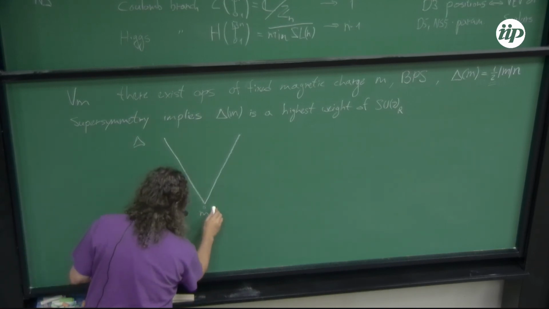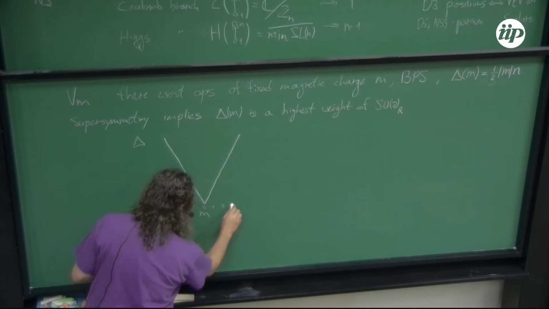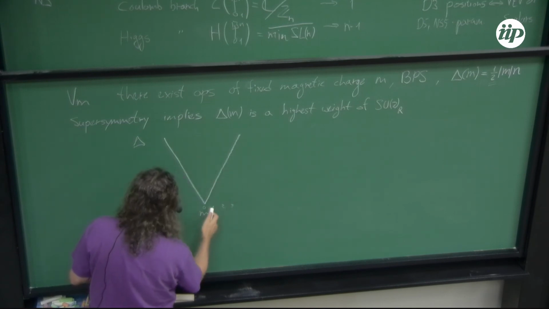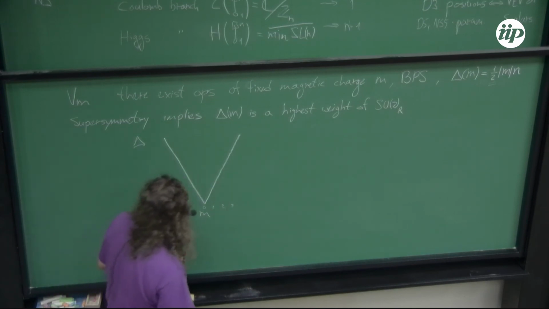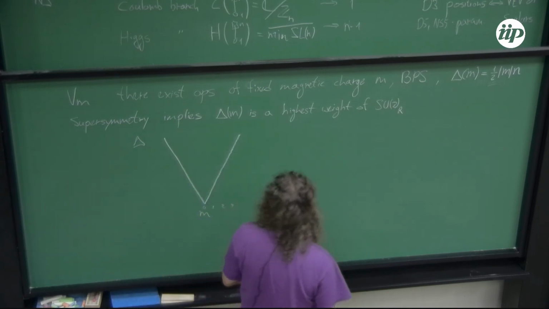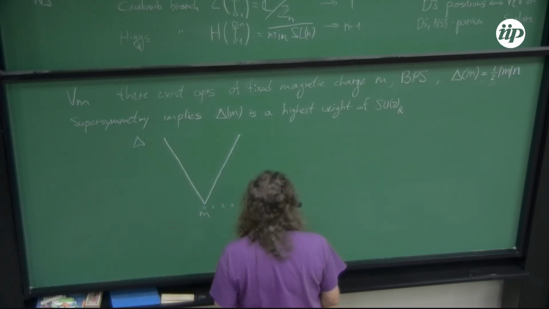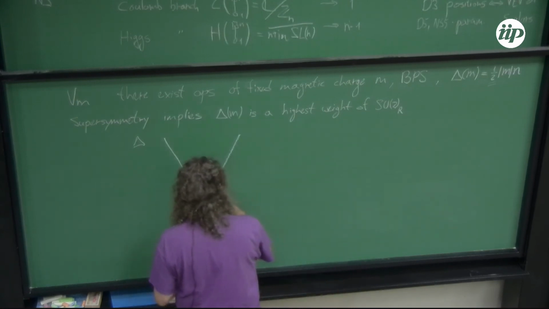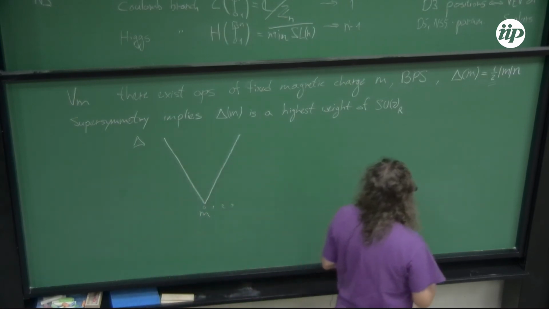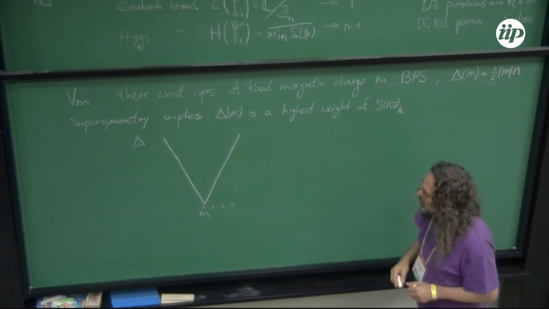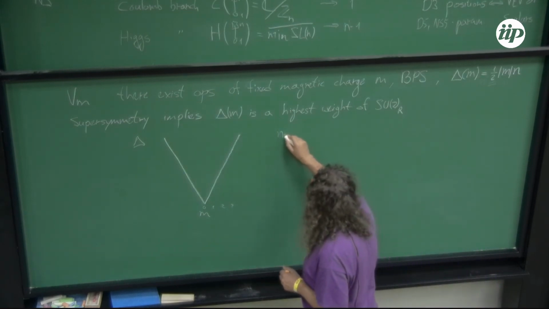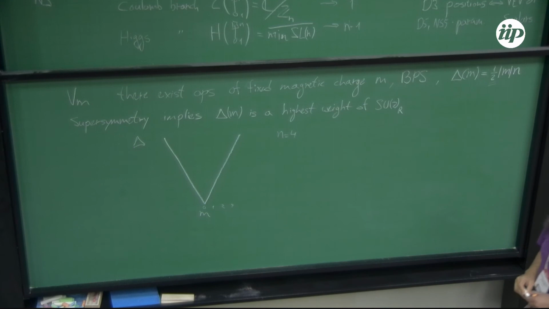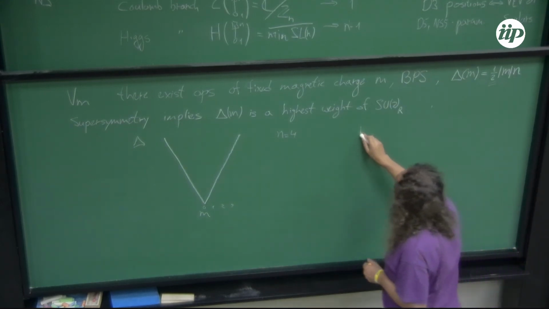Here's the charge 0, charge 1, 2, 3. And I picked the special case where N is equal to 4, I believe. Okay. The next thing I'll do is to have dressing factors.